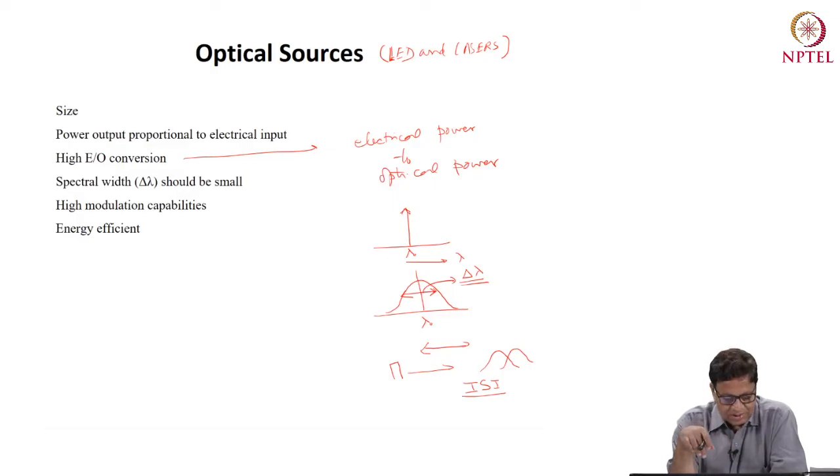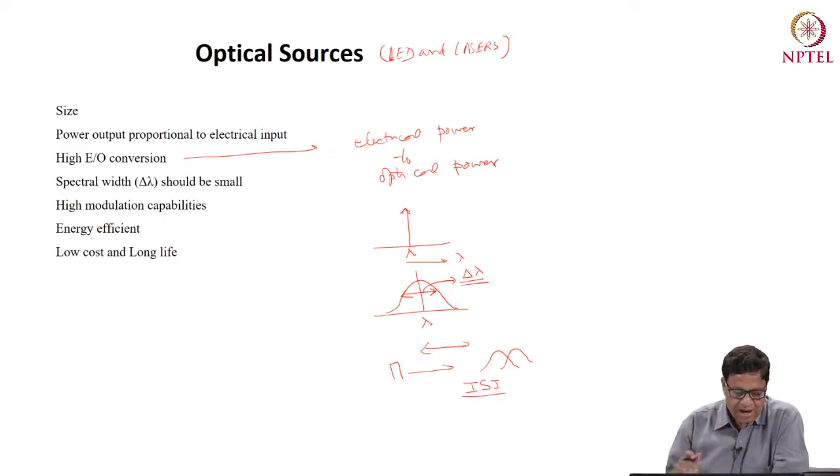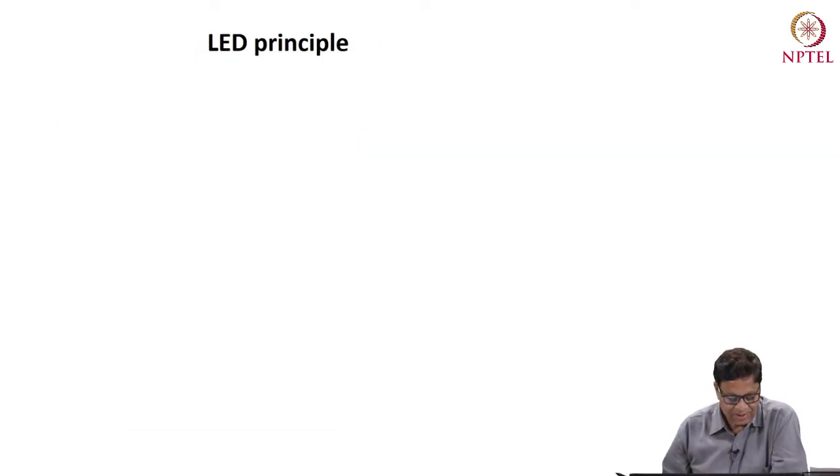The sources should be energy efficient. The power which we apply to the LED and laser should be small, and it should give you adequate optical output. So the sources are expected to be energy efficient, and of course it should be low cost and should have long life.